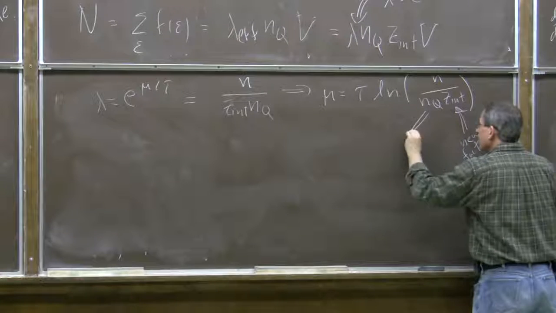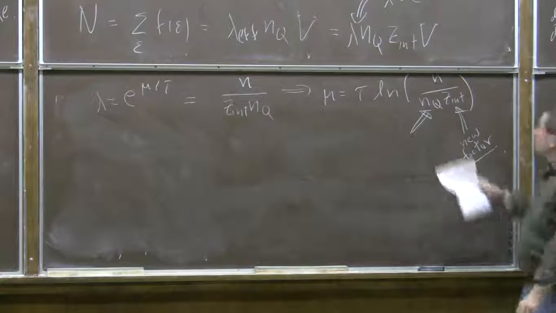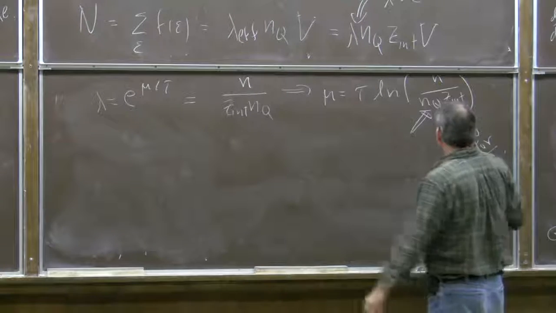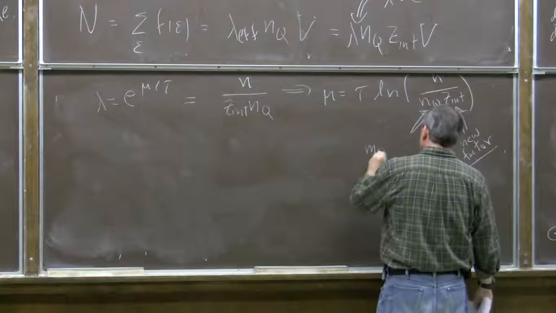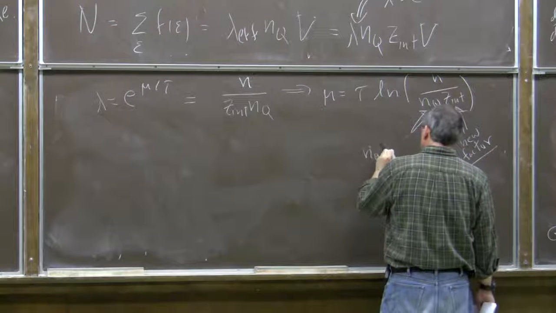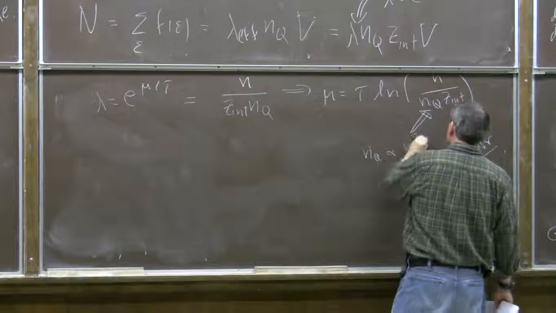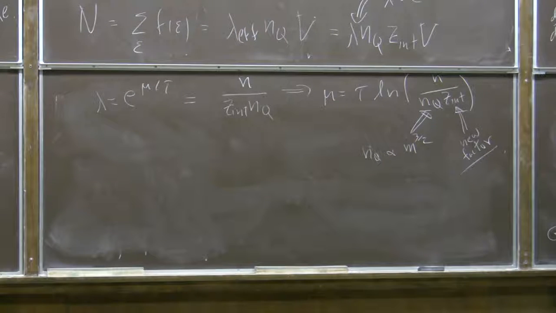Actually, we should keep in mind that the quantum concentration depends on the species as well, because it depends on the mass of the particle. So quantum concentration is proportional to mass of particle to the 3/2. So it depends on which molecule in the reaction.